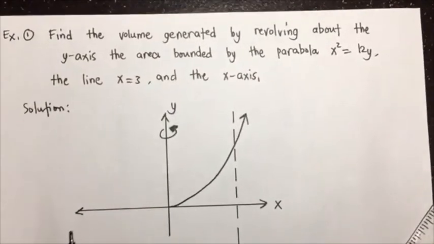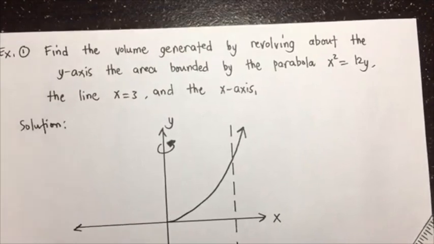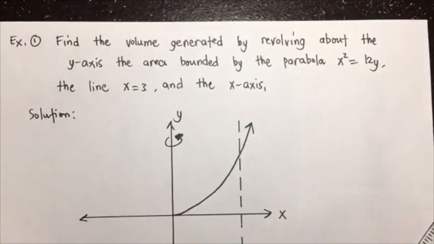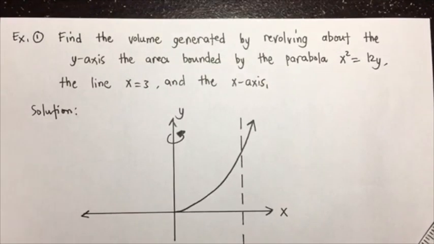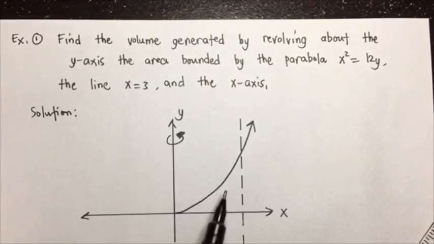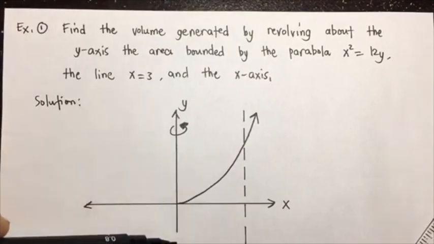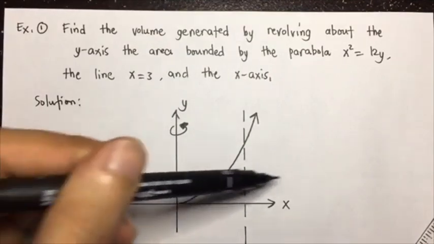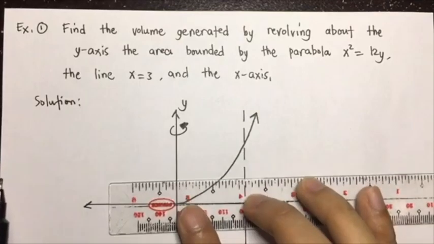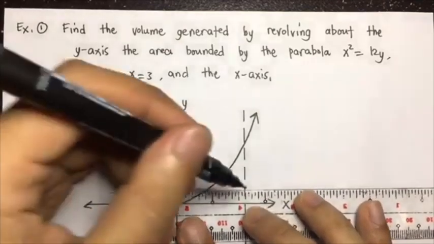If we are going to use the circular ring method, the condition is the strip must be perpendicular with the axis of revolution. Our axis of revolution is the y-axis, therefore our strip must be horizontal. So we will be using a horizontal strip.